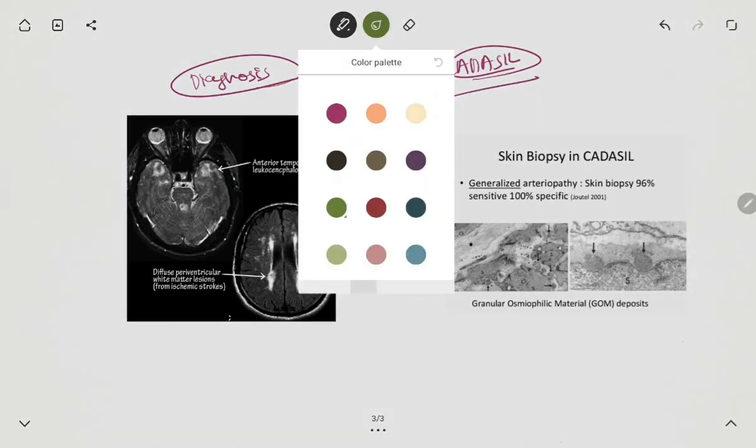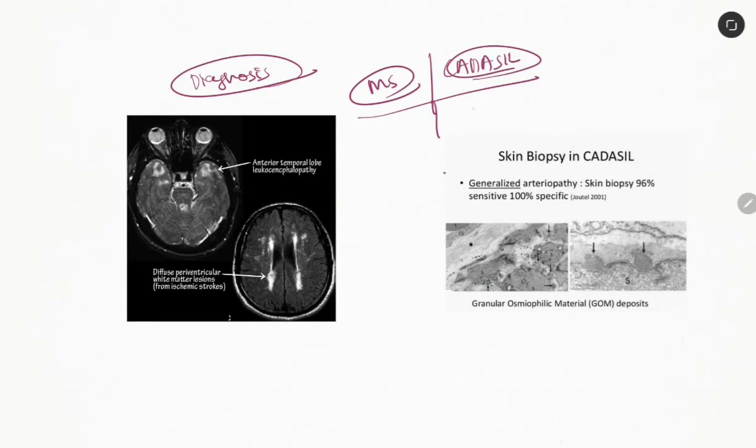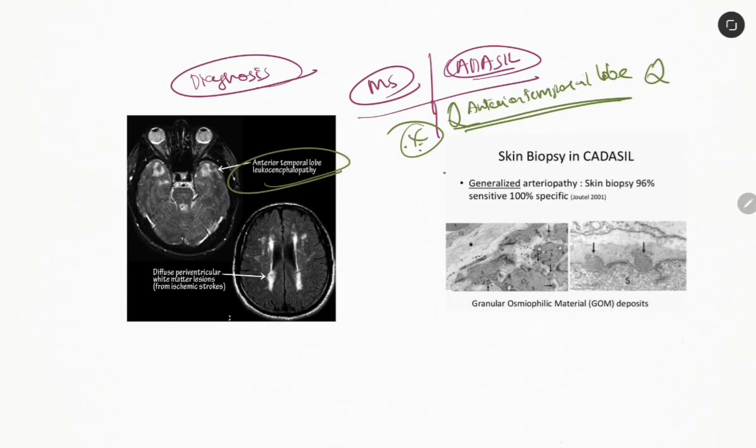The distinct entity that separates these two is that in CADASIL you get anterior temporal lobe involvement. It is a characteristic feature. The other thing is that you may have diffuse periventricular white matter lesions. Both affect the white matter, remember. The thing is that in CADASIL the anterior temporal lobe is more involved or more specific.